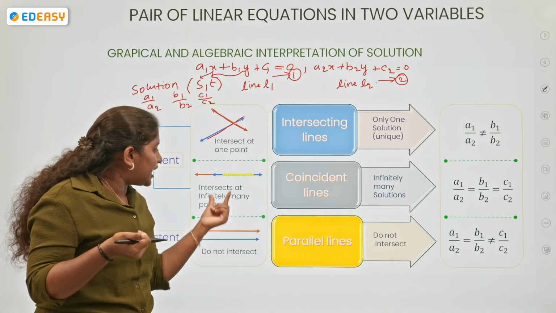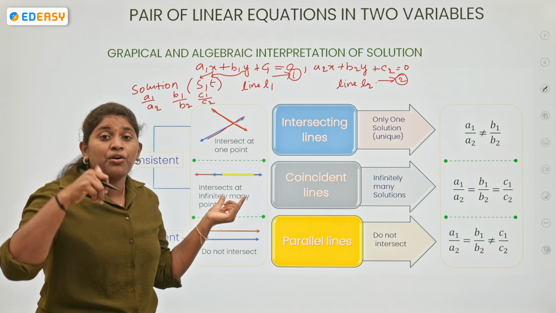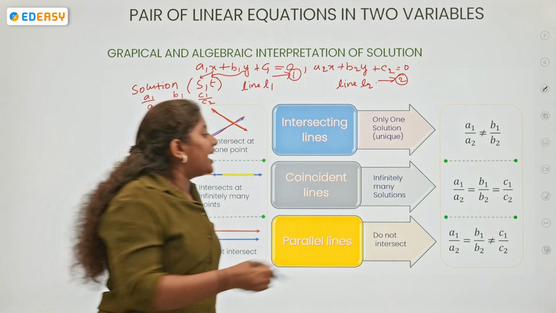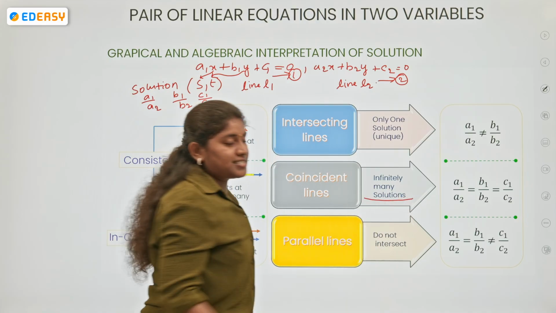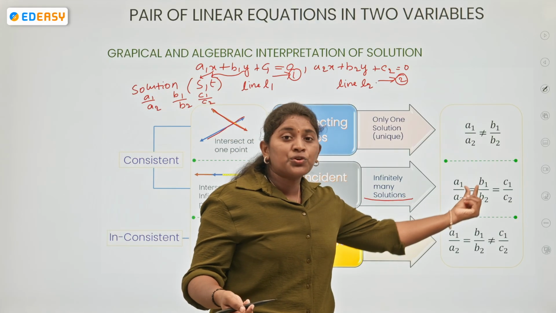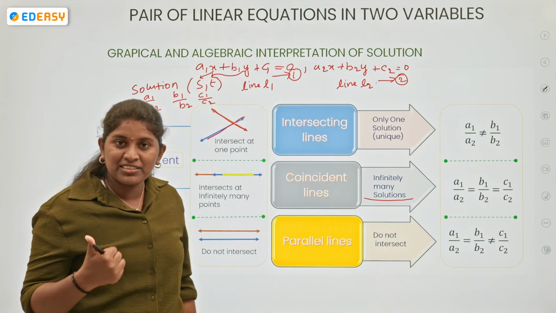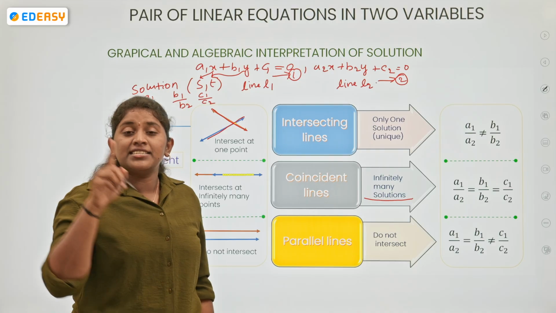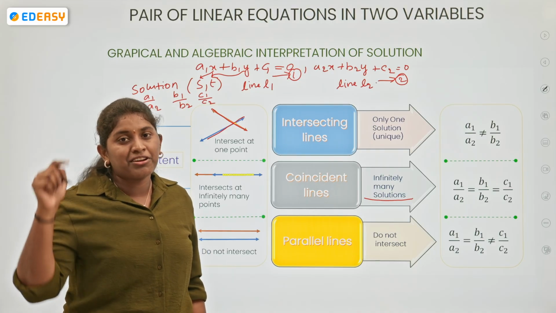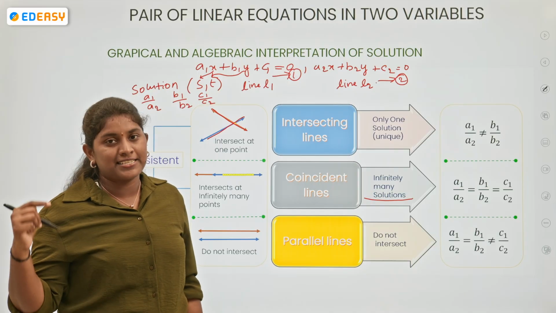For that reason, if you find the lines are coincident, then they have infinitely many solutions, and the relation between the coefficients is A1 by A2 equals B1 by B2 equals C1 by C2. Clear about this? Coincident means infinitely many solutions, and the relation is A1 by A2 equals B1 by B2 equals C1 by C2.